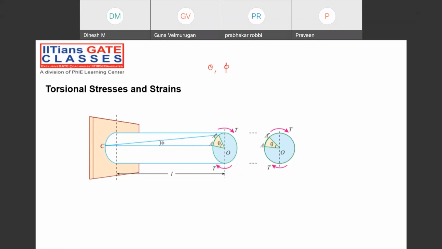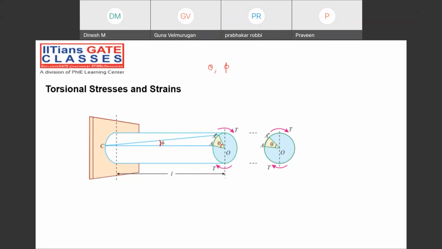There will be some angle of twist and there will be some shear angle. Of course, I am calling that the shear strain. But there will not be that much similarity between theta and phi. That we are going to see.